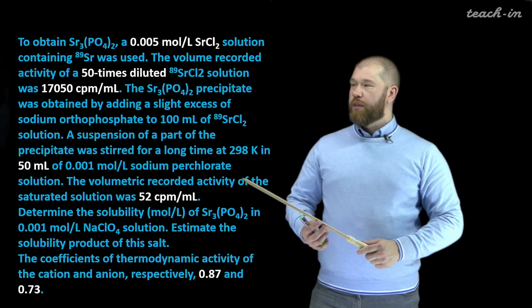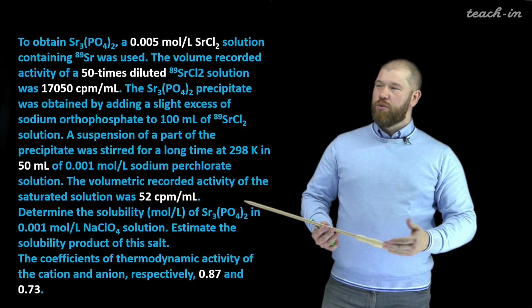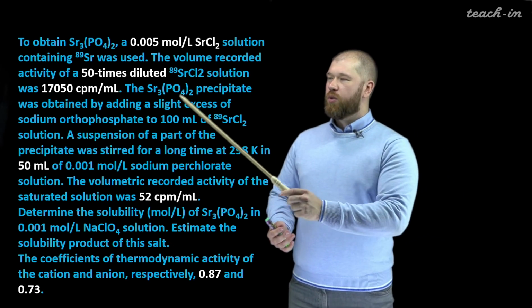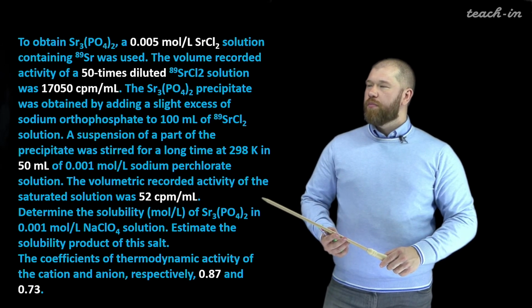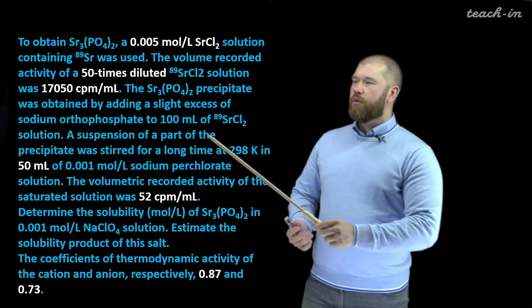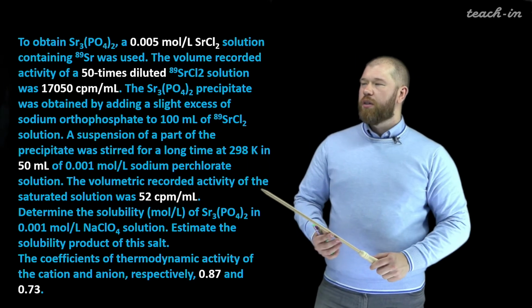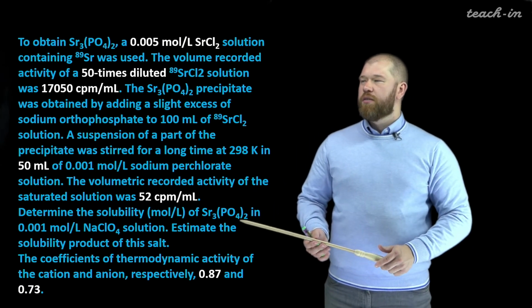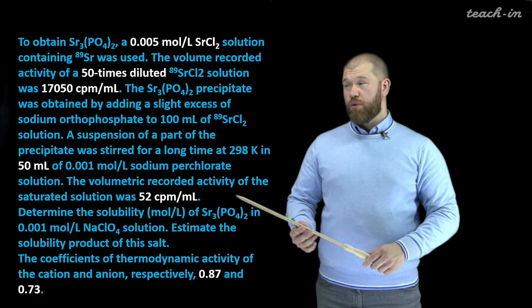Then some sodium orthophosphate was added to the solution of strontium chloride, and a precipitate of strontium phosphate was formed. The volume of this strontium chloride solution was 100 milliliters, but honestly, it doesn't matter what the volume of this solution is.